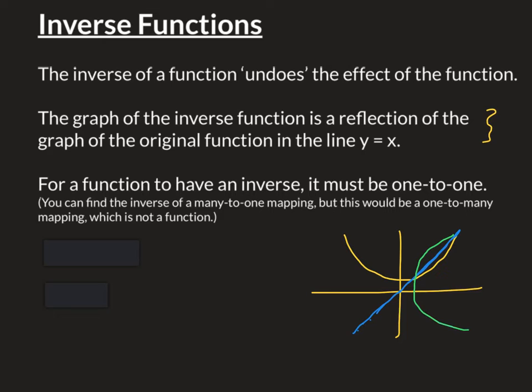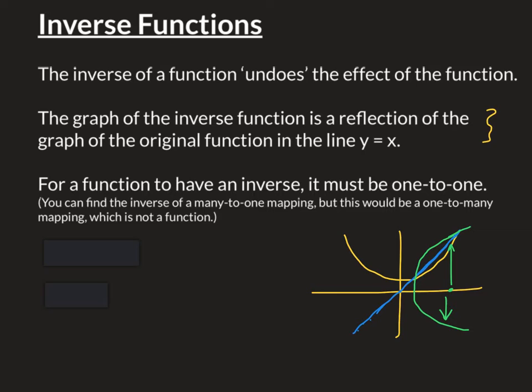Okay, that's rubbish, but you get the gist. Straight away, looking at that green line, you should know that that's not a function, because we've got a one to many mapping going on here, and we know that functions are either 1 to 1 or many to 1.